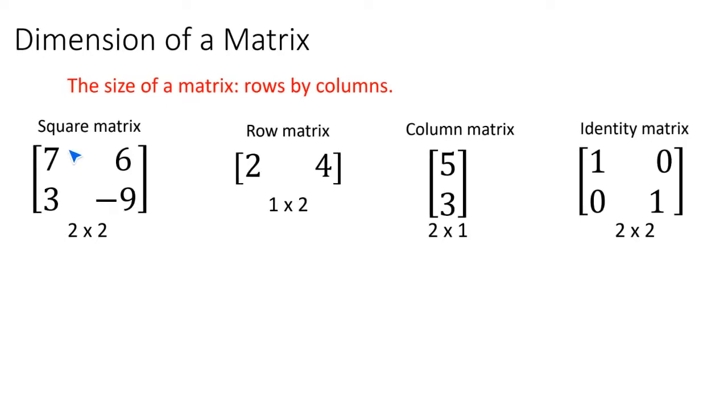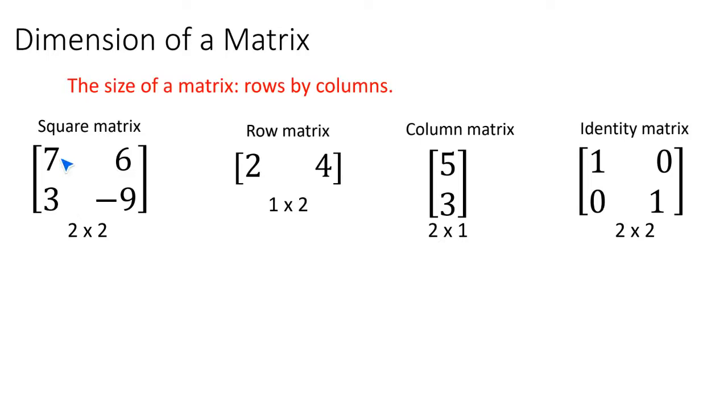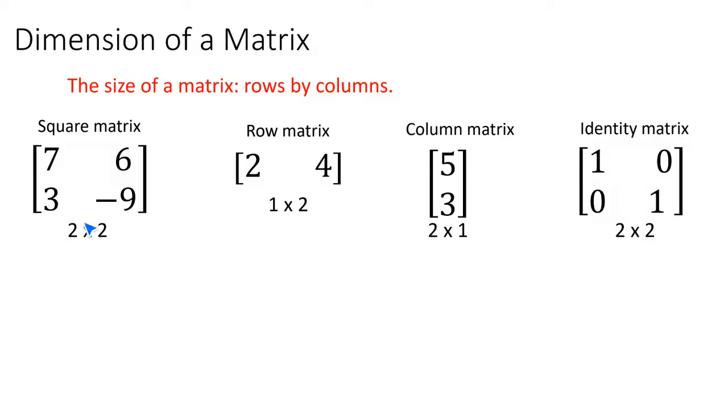So if we look at the first one, this is a special matrix because we say it's a square matrix. For this square matrix, it has 2 rows because we can go across 2 rows, and it has 2 columns. So this is a 2 by 2. We never say it's a 2 times 2 matrix; we just say it's a 2 by 2.